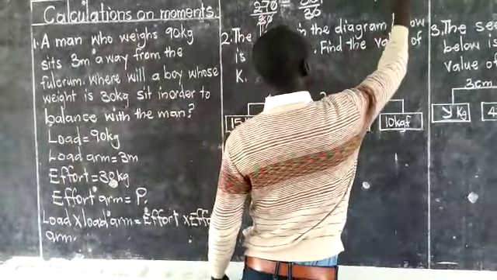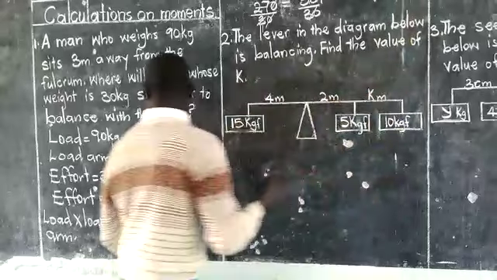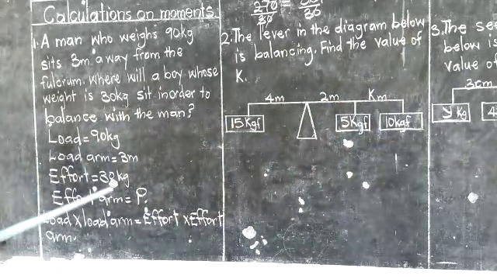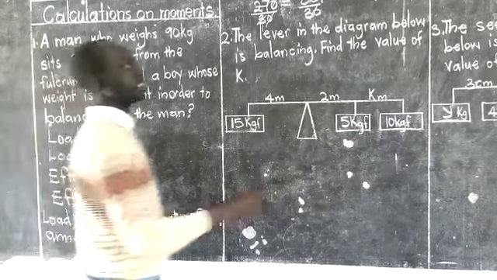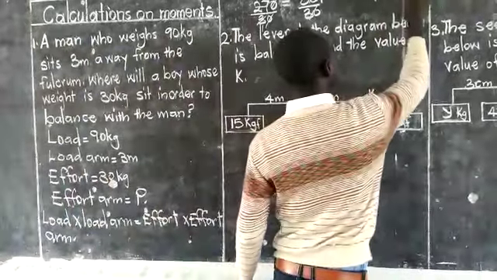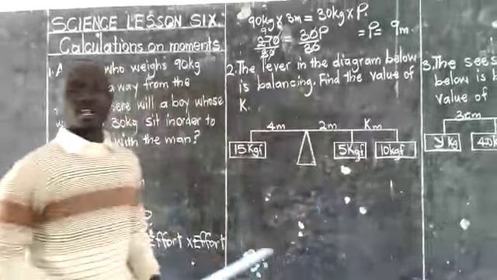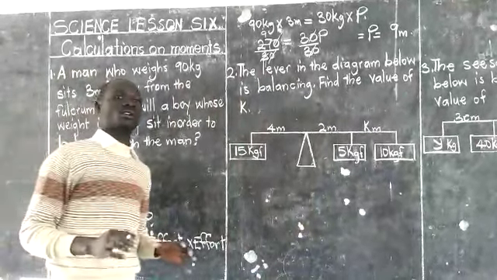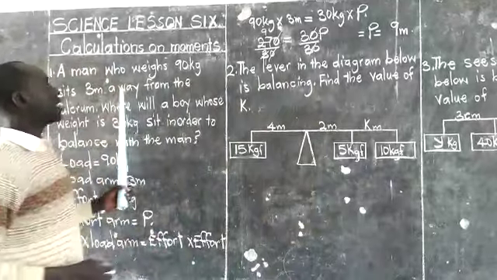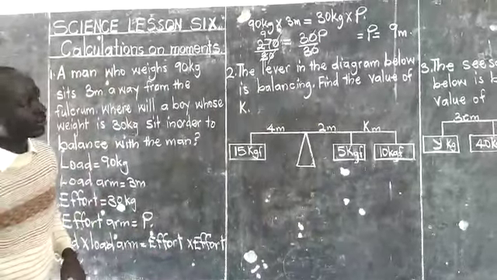Therefore, our P value is 9. That means this boy will sit 9 meters away from the pivot or from the fulcrum in order to balance this man of 90 kilograms.